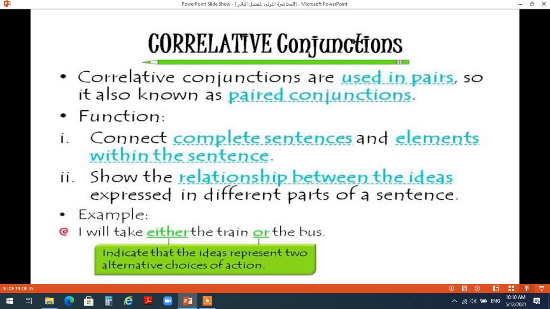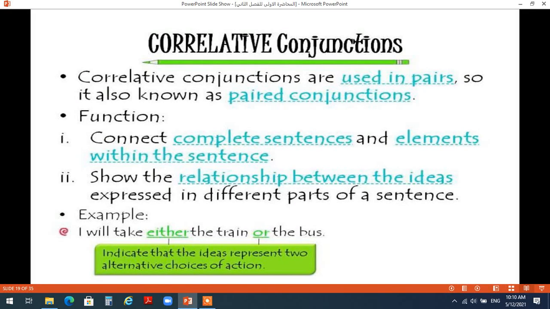They show the relationship between the ideas expressed in different parts of a sentence. أيضا من خلالها ممكن أن نعبر عن العلاقة ما بين الأفكار التي نعبر عنها في أجزاء مختلفة من الجملة.